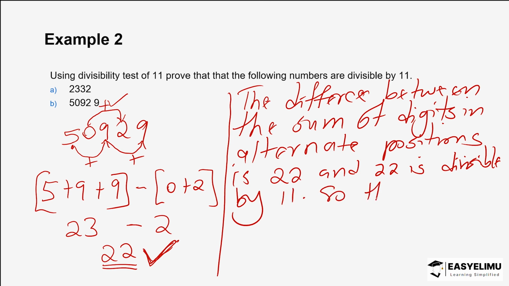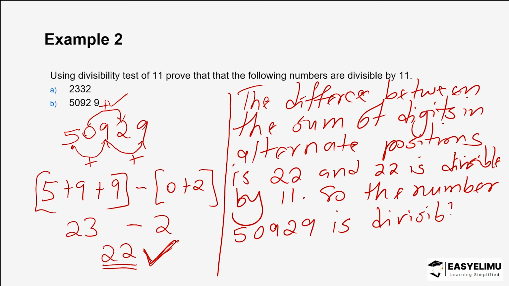So the number, you restate the number again, 50,929, is divisible by 11. So this is how you are supposed to frame your answer.